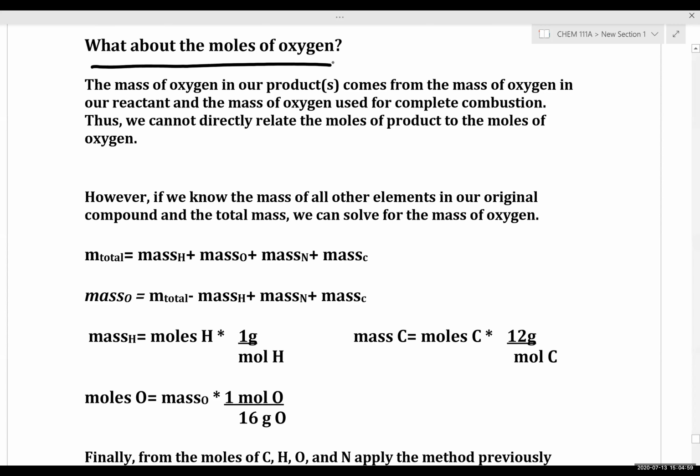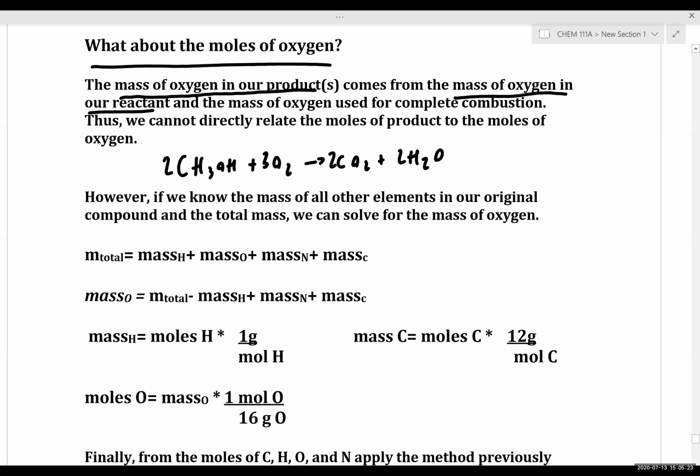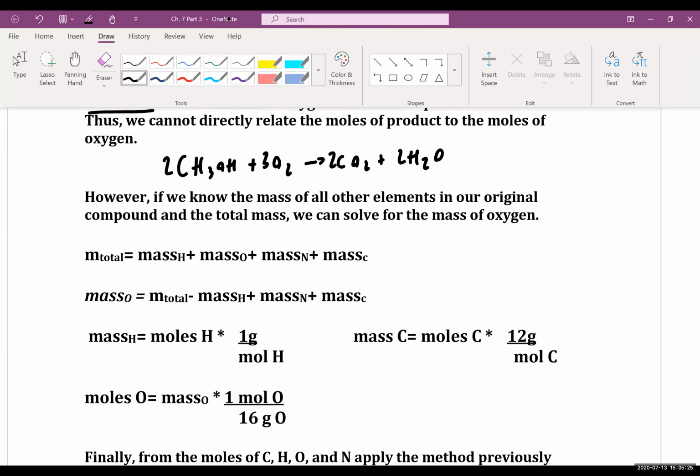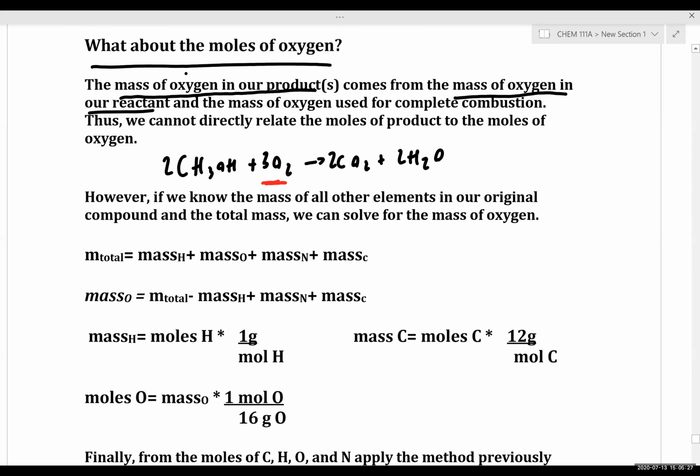Okay, now in combustion, for example, if we're combusting something like methanol, the mass of oxygen in our products comes from the mass of oxygen in our reactant and also the oxygen that we use for combustion.